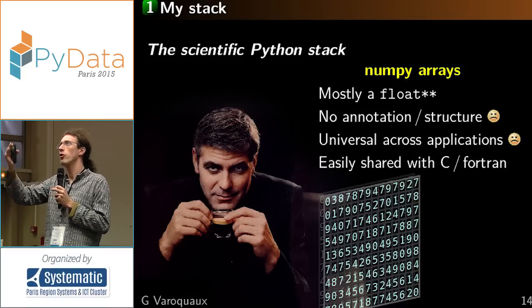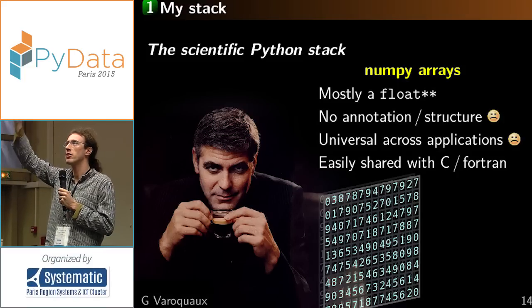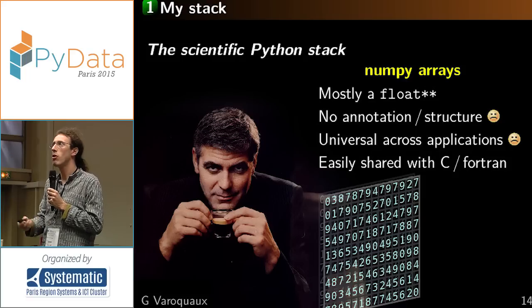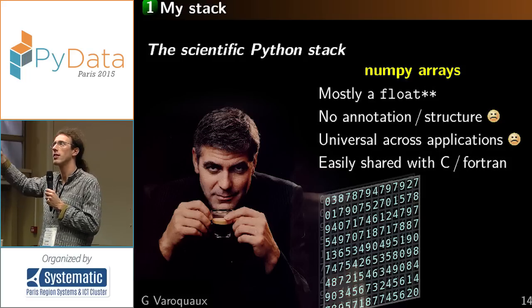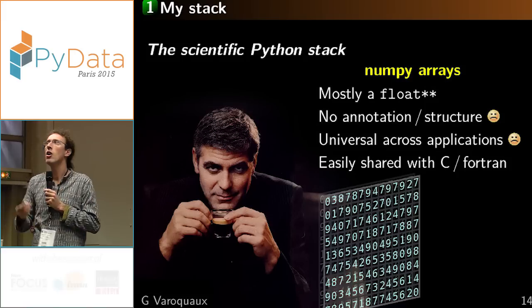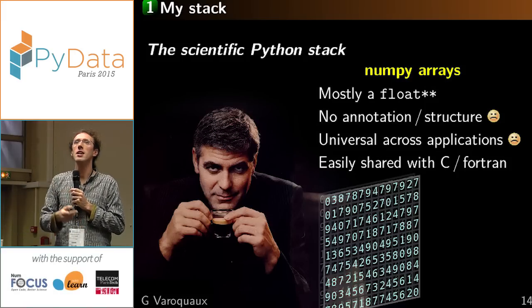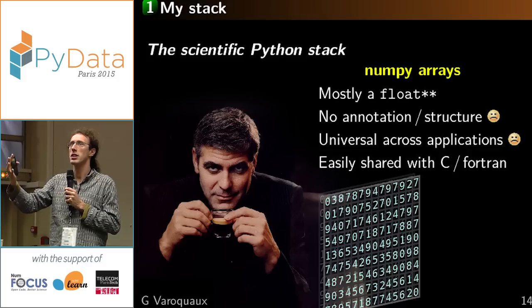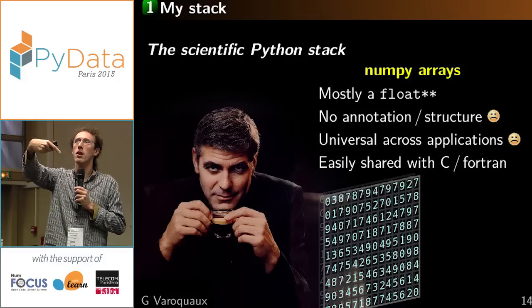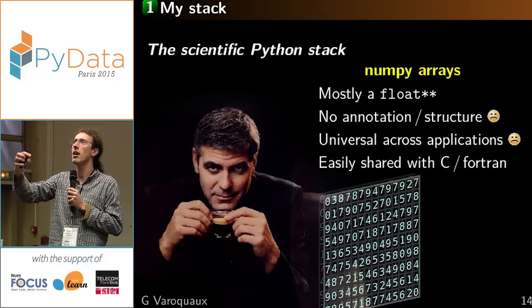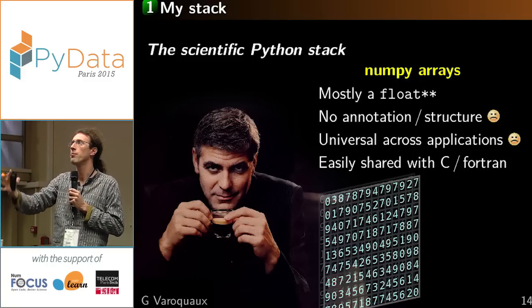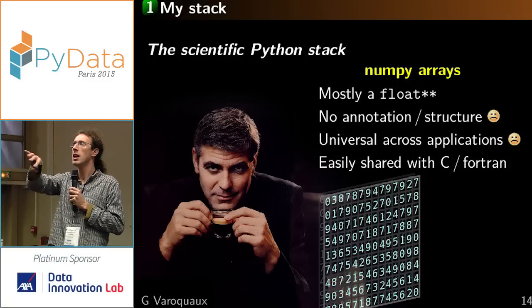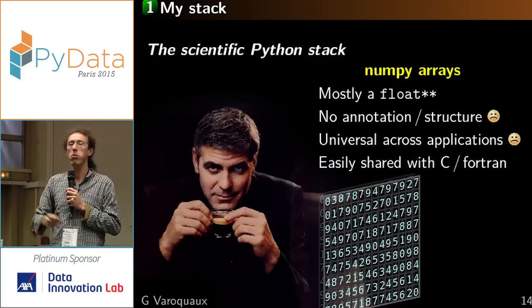You can think of it first as matrices and vectors and n-dimensional structures. But what they really are is an abstraction over a float star in as many stars as you want. What I'm trying to say here is that NumPy arrays from the Python side look like high-level objects, but you can look at them from the C side or from any other side, and they're a very simple memory structure, which means that we can couple many kinds of algorithms together with this memory structure. That was important for us.